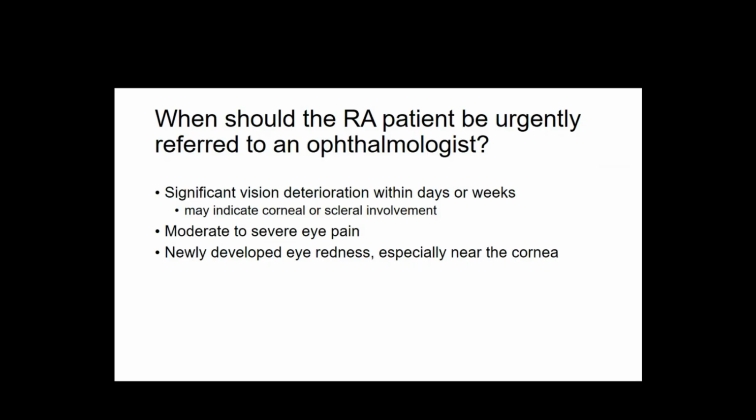So we should always communicate to the rheumatologists who follow these patients that they should really send the patients to us when the patients develop decreased visual acuity quickly, and the patients should come to our emergency room when they have severe pain, or especially a red eye.